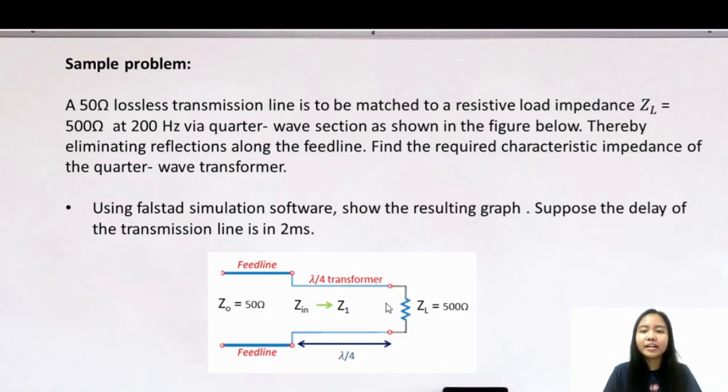Find the required characteristic impedance of the quarter wave transformer, and using Falstad simulation software, show the resulting graph. Suppose that the delay of the transmission line is 2 milliseconds. Okay, I will discuss my answers in my next slides.